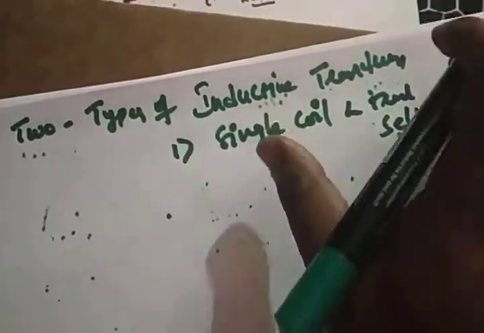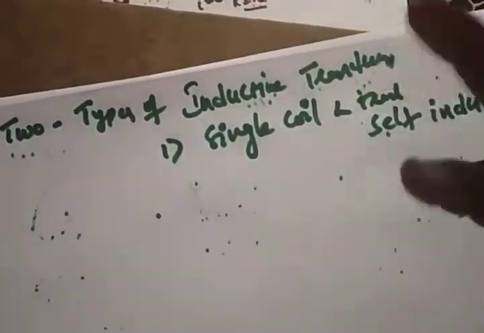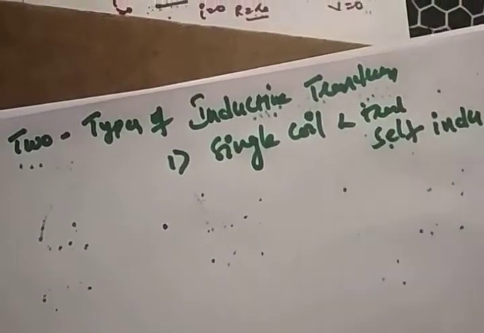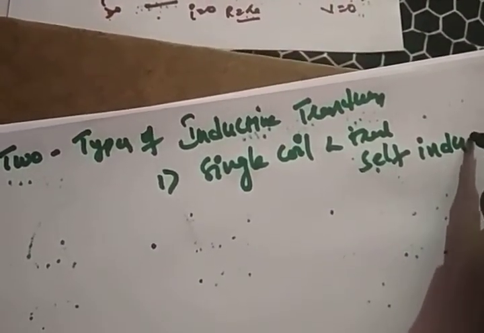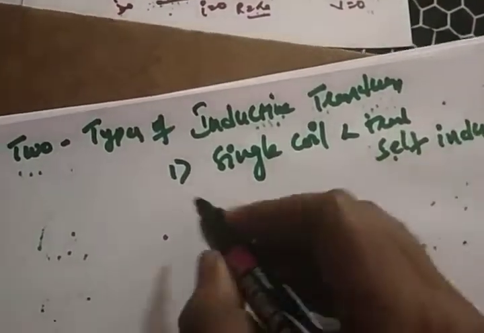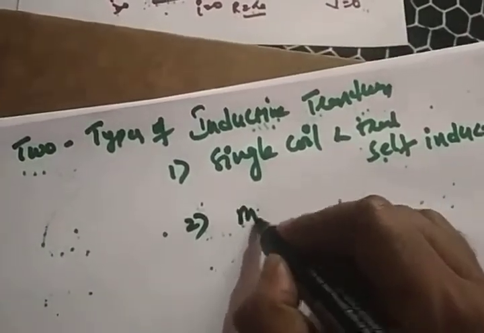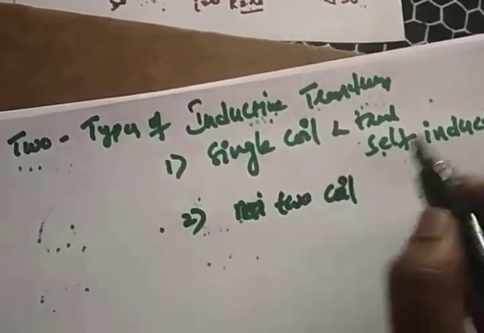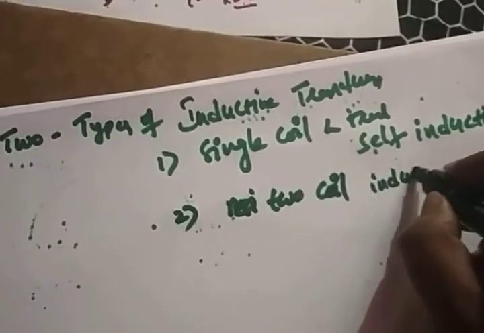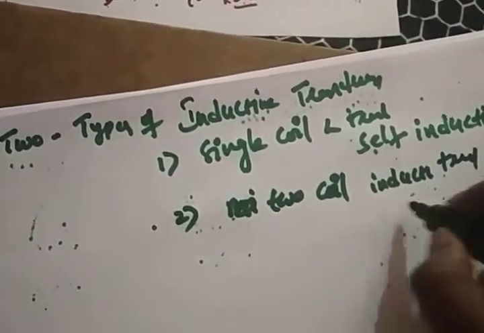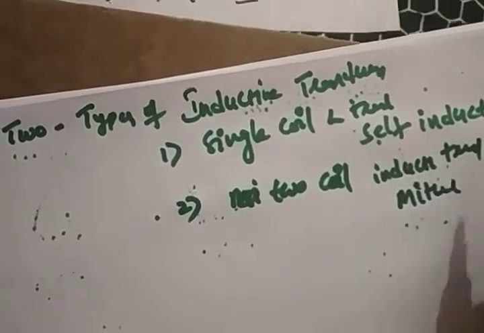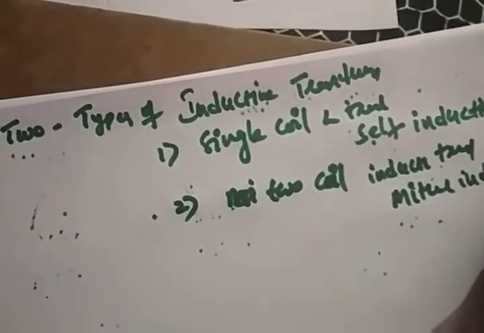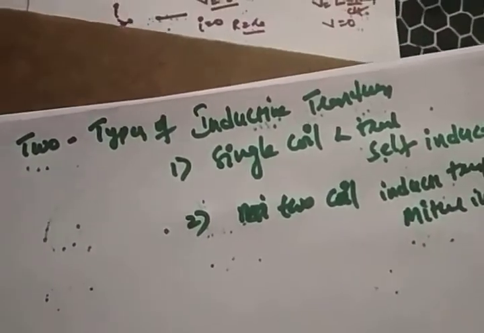A single coil is present in the self-inductance. The inductance is developed in the coil itself. The second one is mutual, that means a two coil inductive transducer. We also call it a mutual inductive transducer.